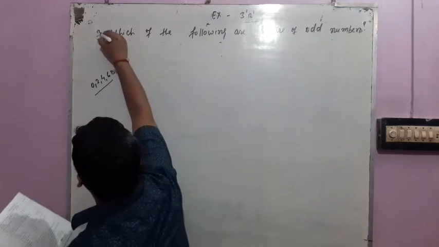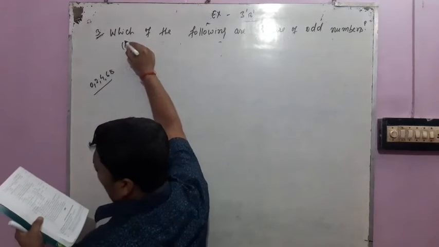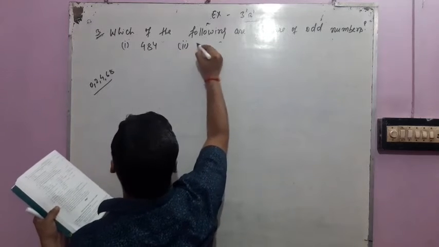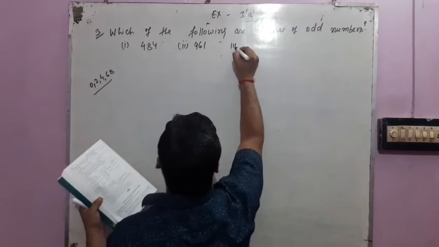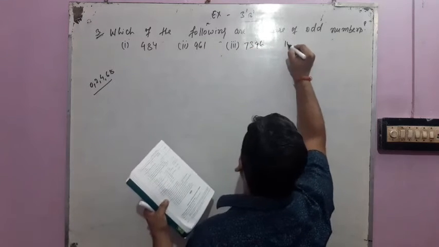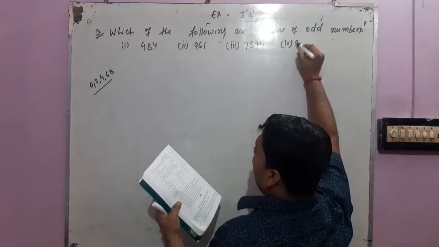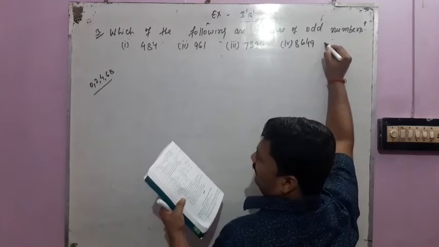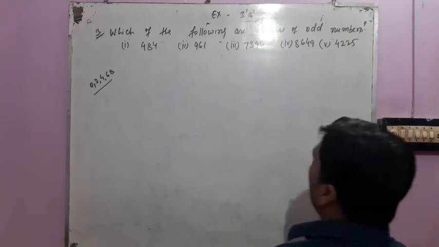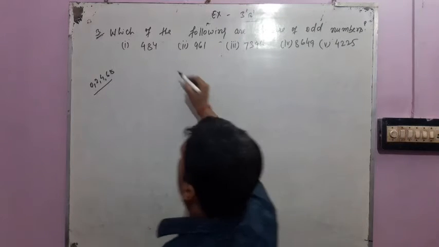In question number 3: first 484, second 961, third 7396, fourth 8649, and fifth 4225. Okay, students. What is the last digit here?